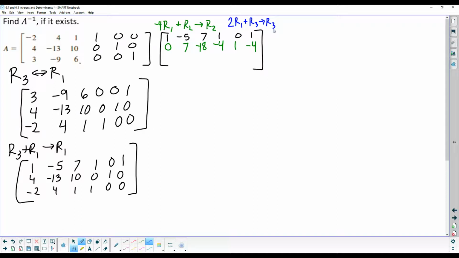So 2 times the top row plus the bottom row is 0. 2 times the top row here is -10. Plus 4, -6. 14 plus 1. 3. 0. 2.